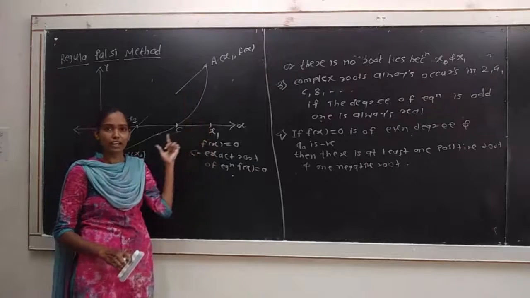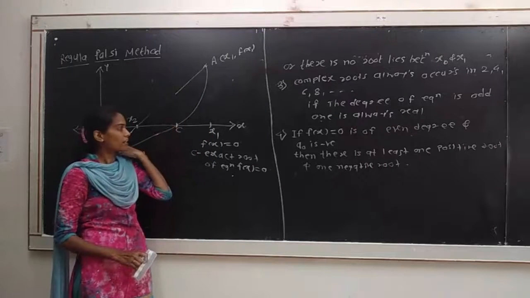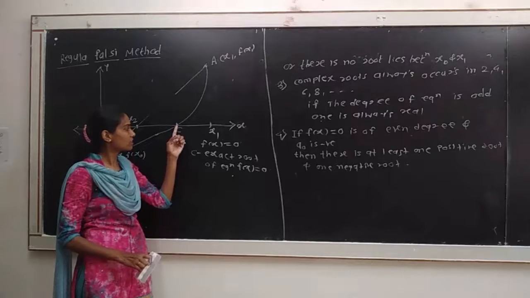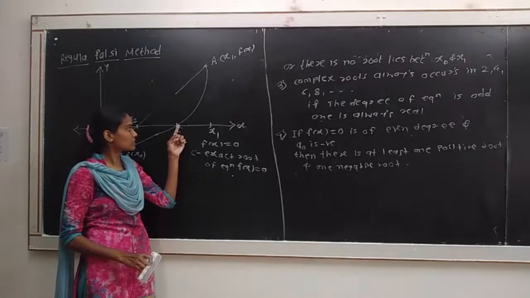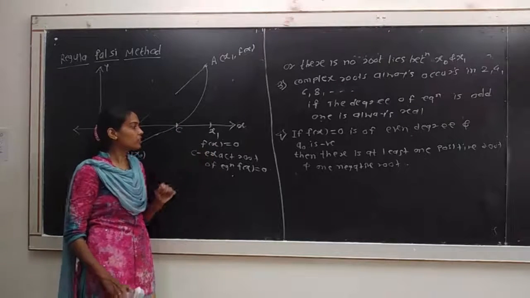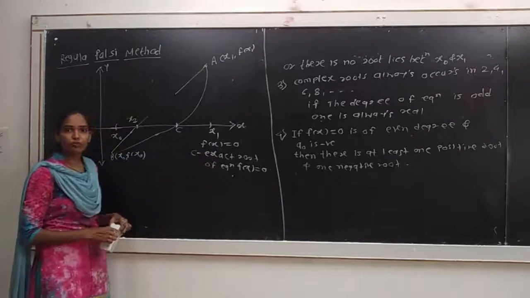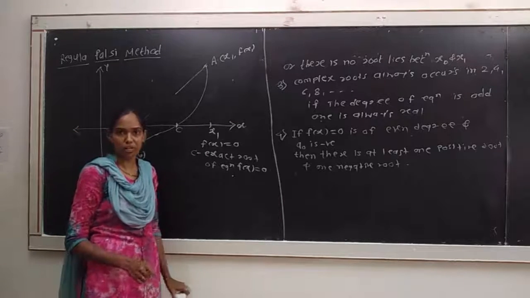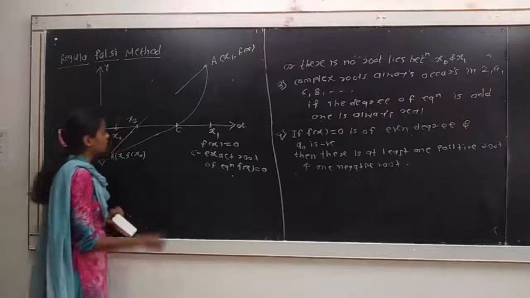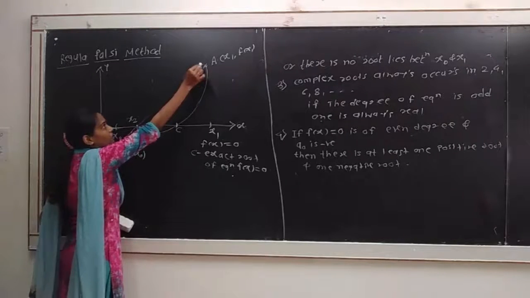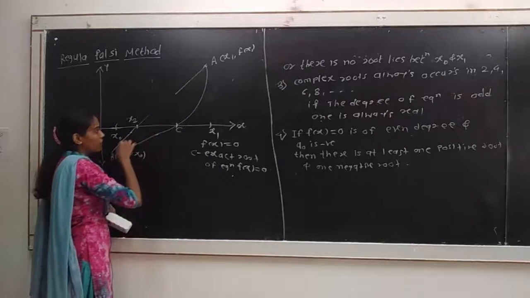If we draw the curve of that function directly, its intersection with the x-axis will be C, which we know is the exact root of the given equation. But if we have to find the approximate root using an iterative method, we join the points A and B to get the chord AB.